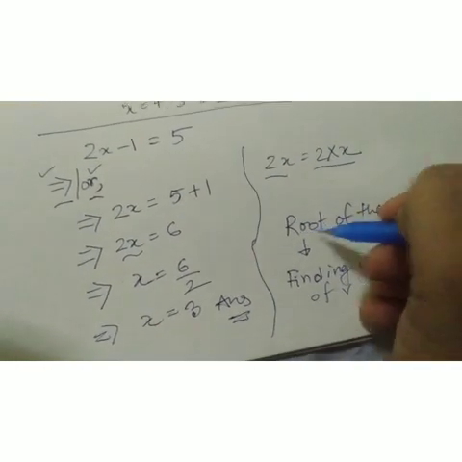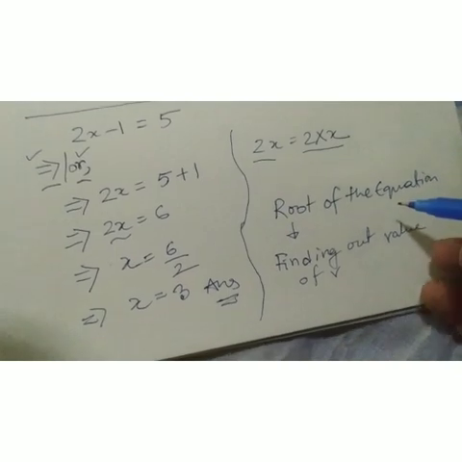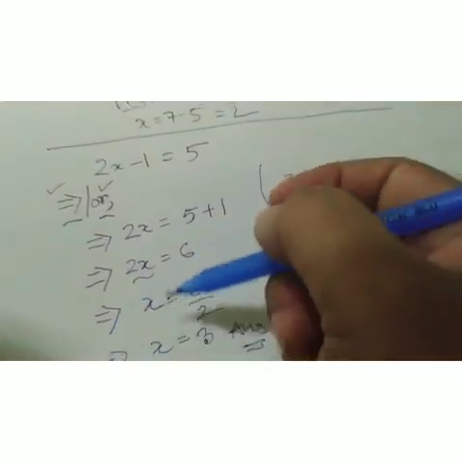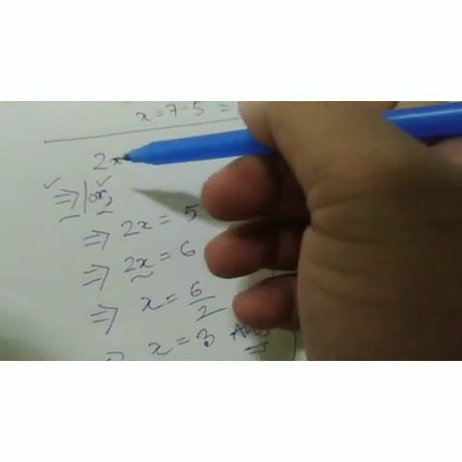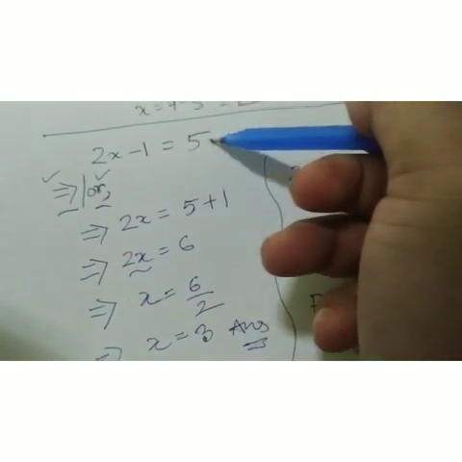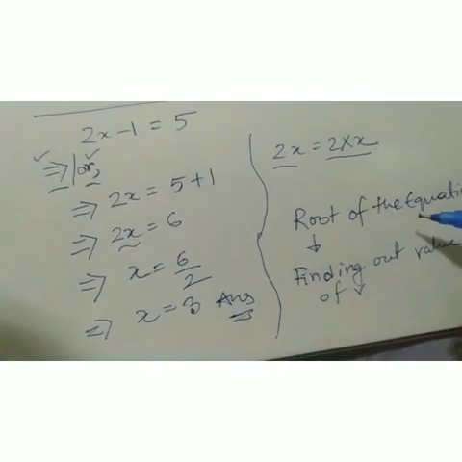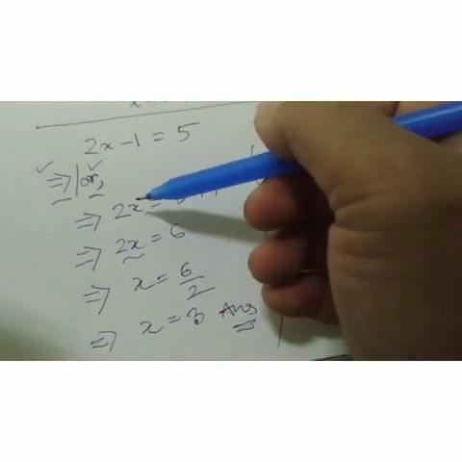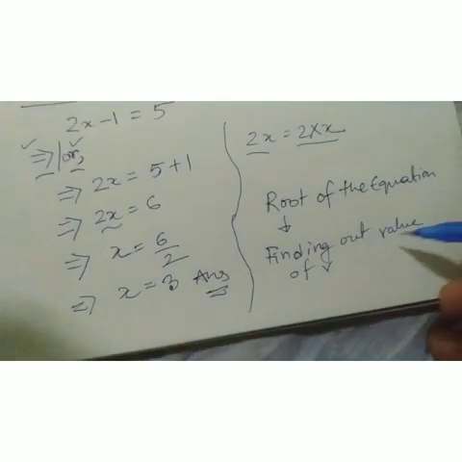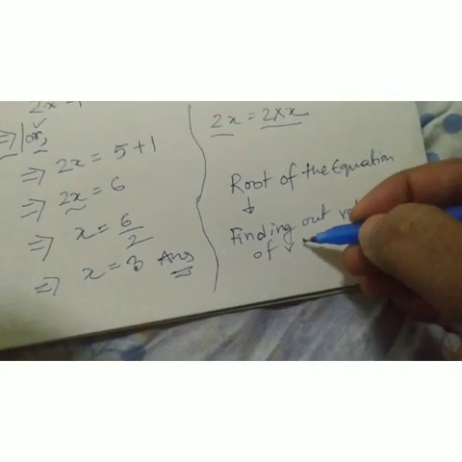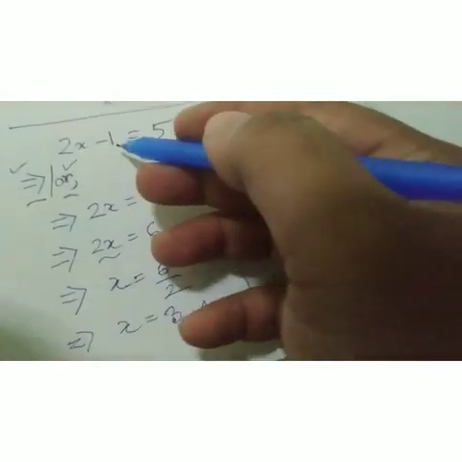Okay. You might be asked to find out the root of the equation. Usually an equation has an unknown quantity and known quantity. So the unknown quantity is usually called the root of the equation. So the root means to find out the value of the variable, or in this case the value of x.